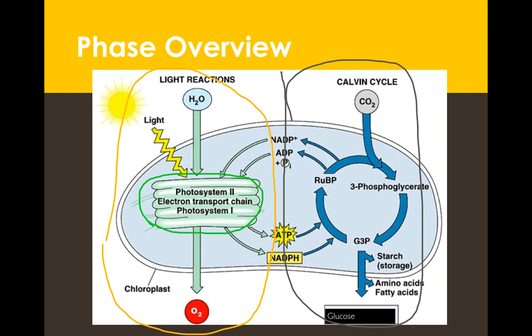And the light independent reactions, also known as the Calvin cycle, occur in the stroma, which is the space between the thylakoid membrane.